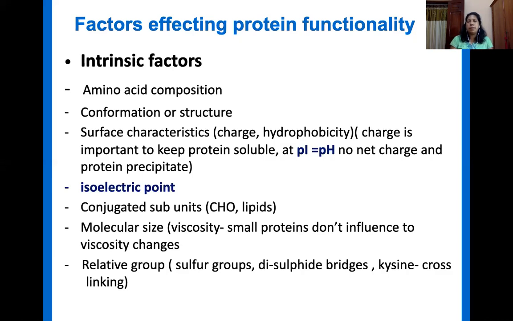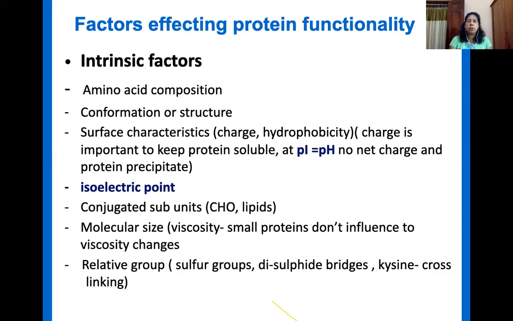If there are carbohydrate subunits, definitely it is hydrophilic. Carbohydrates are always hydrophilic, right? So, most of the carbohydrates. Therefore, you can decide that the conjugated subunits decide the functional properties of the protein.